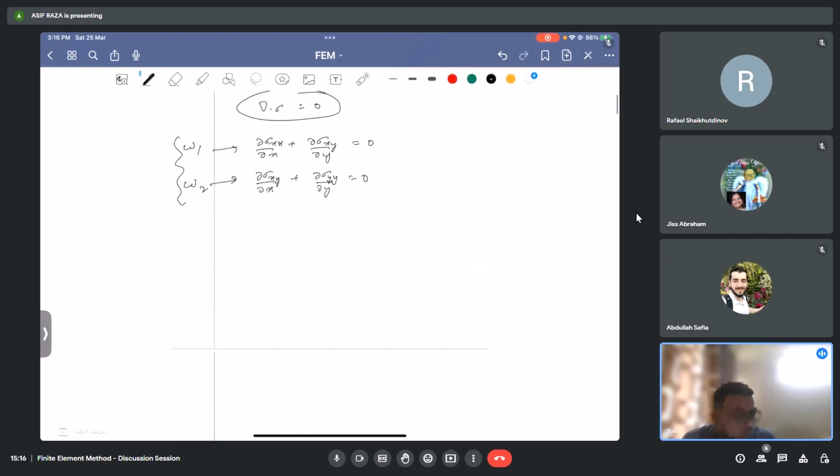As we convert the strong form to the weak form, we multiply this plus this.